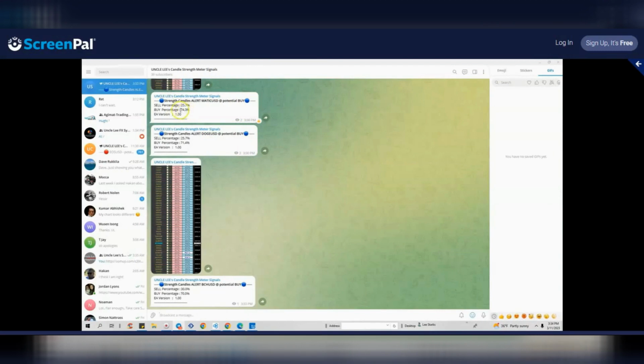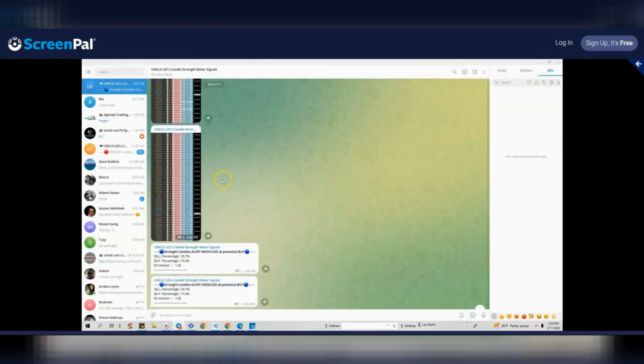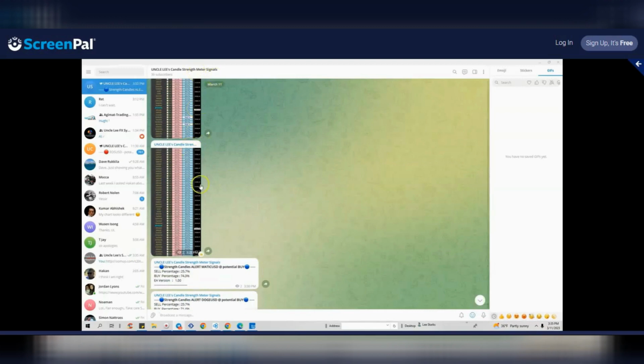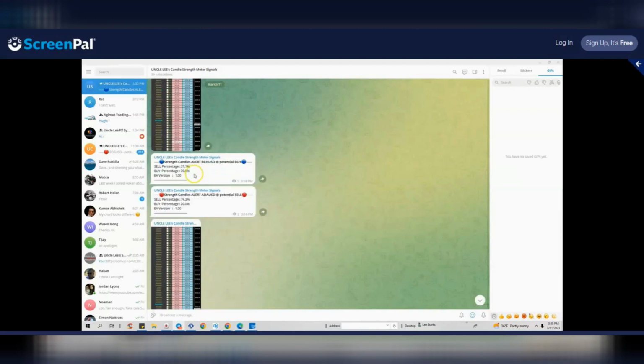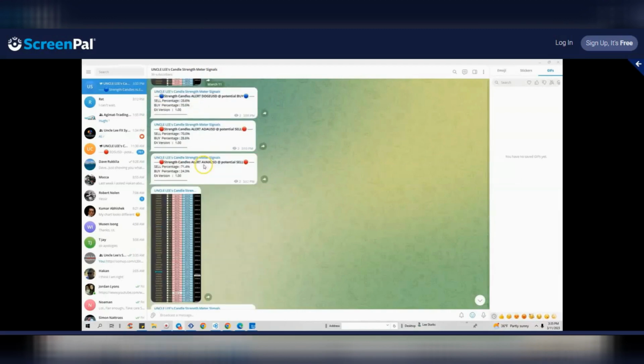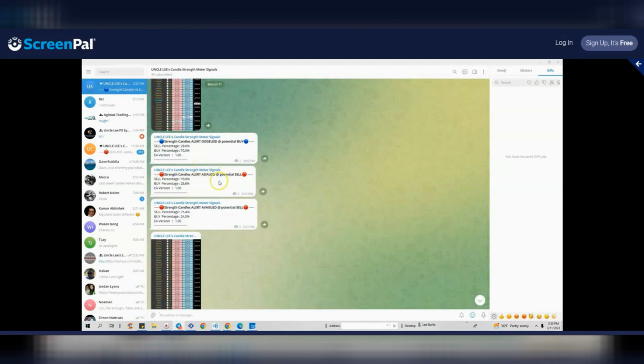The candle meter has to read at least 70% or higher. And you can see these right here. 70% or higher. And by the way, on the candle strength meter signals, we get hundreds per day. Hundreds per day. Now, today being Saturday, market's closed, so we have nothing but the cryptos appearing here.